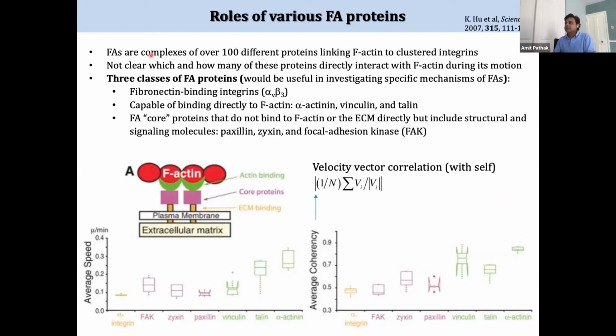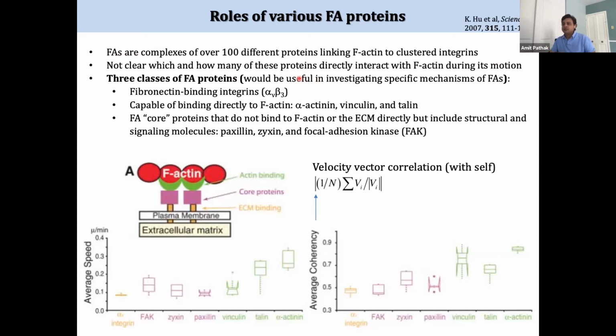And like this slide says, check out this paper. Also, there are hundreds of proteins that can play a role in focal adhesions. Exactly which proteins do what is not yet clear. There are still papers coming out, you can find some this week even, about the different roles of these focal adhesion proteins. But there are three main classes, and this summary I kind of agree with.